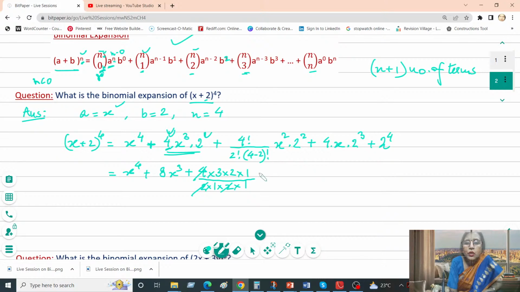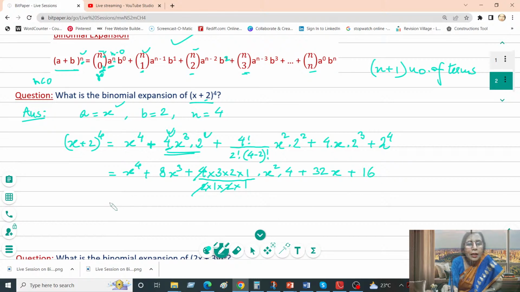And this is x square times 2 square is 4. Plus 2 to the power of 3 is 8. 8 times 4 is 32. 32x plus 2 to the power of 4 is 16.